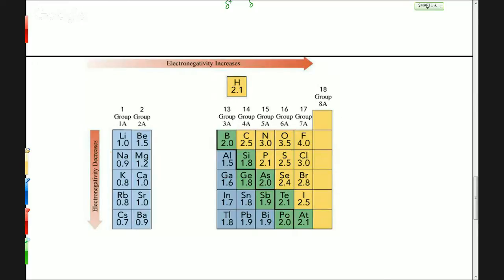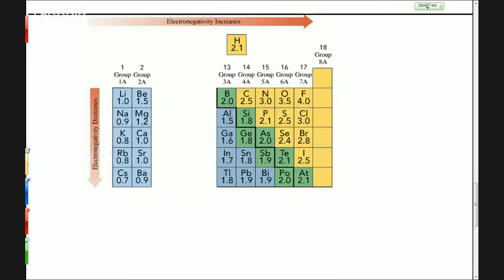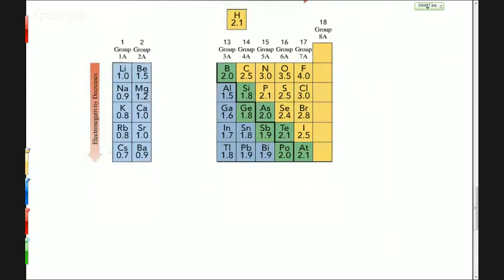So what is the difference? Well, there are some basic guidelines that have been decided upon, and they're just guidelines.